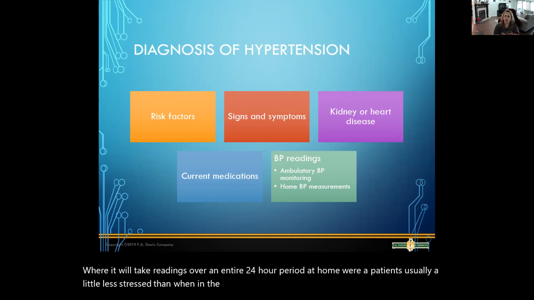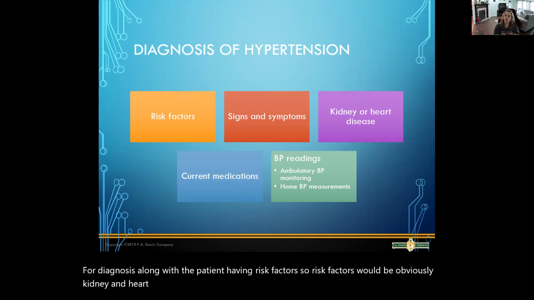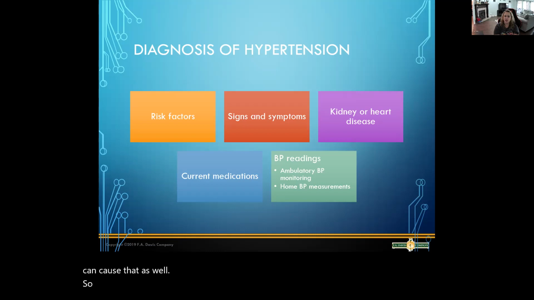So those are some of the guidelines for diagnosis, along with the patient having risk factors. Risk factors would be obviously kidney and heart disease, and what current medications they're on, because some medications can cause that as well. So risk factors and in-office and out-of-office confirmatory blood pressure readings are how we're going to diagnose this.